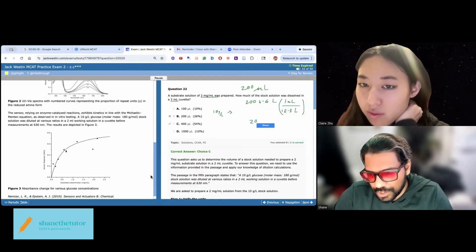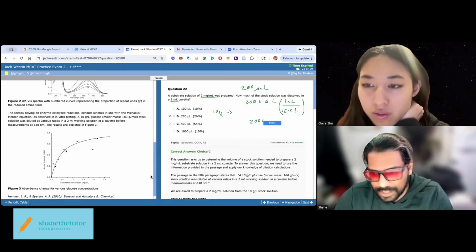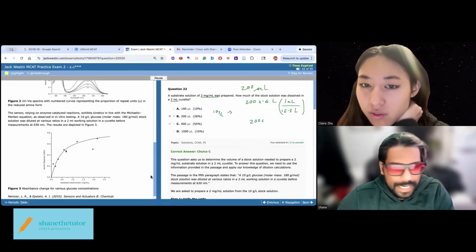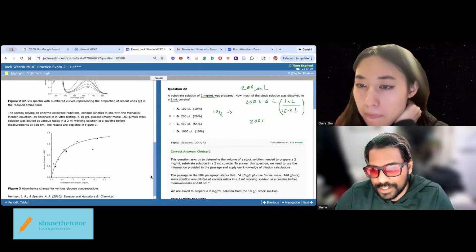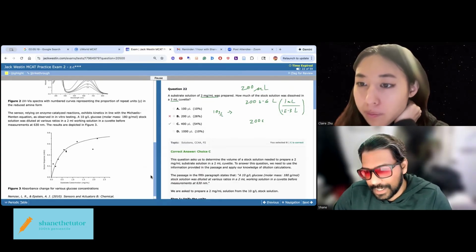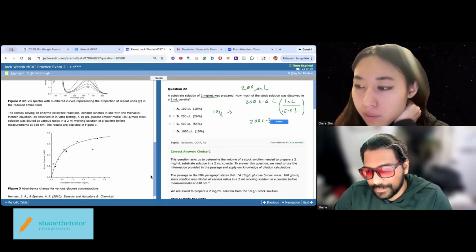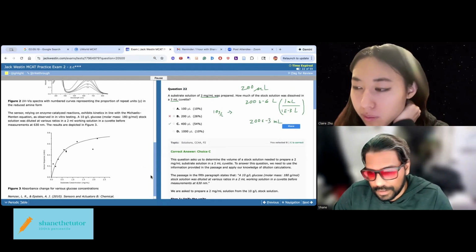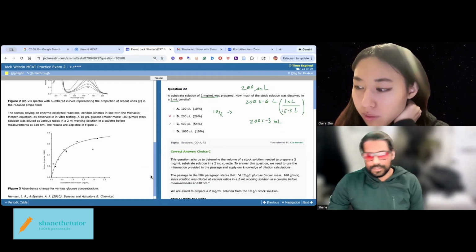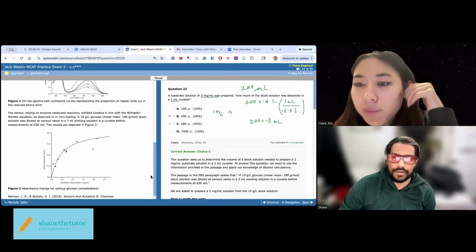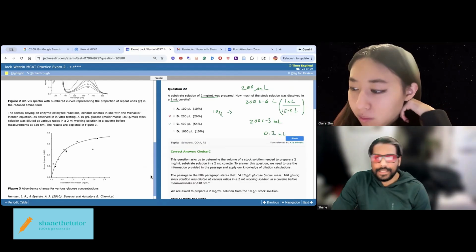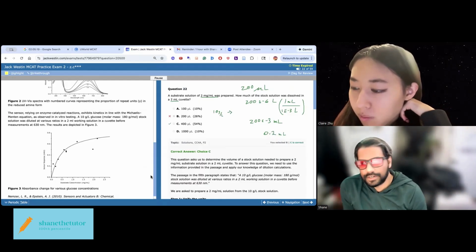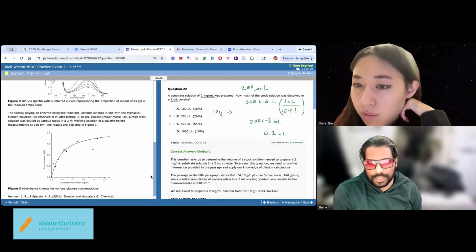So this will be 200 times 10 to the negative 6 minus negative 3, which is negative 6 plus 3, so negative 3 milliliters, which I guess is just 0.2 milliliters.